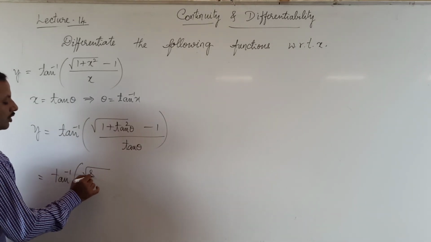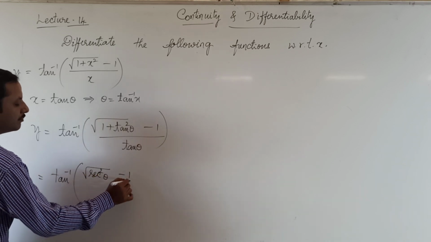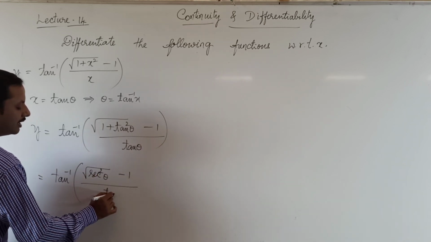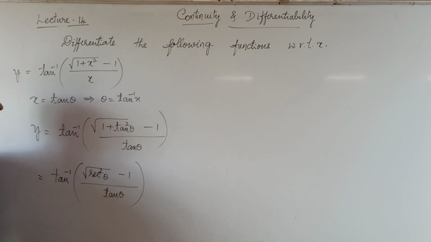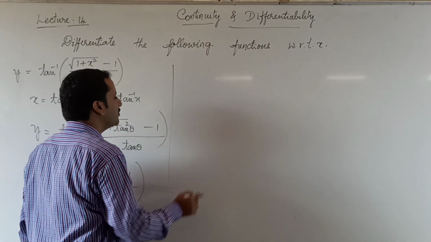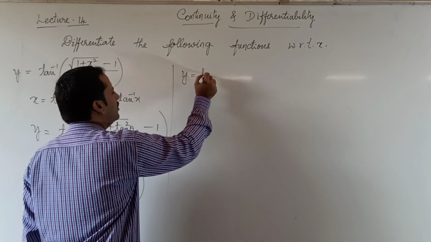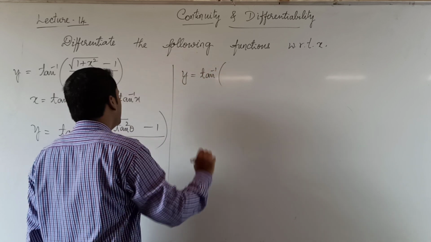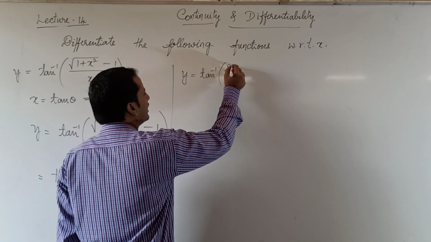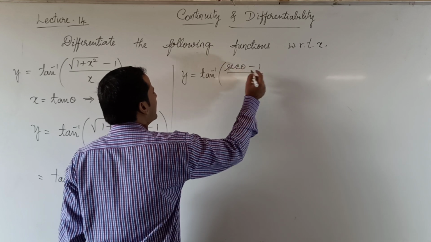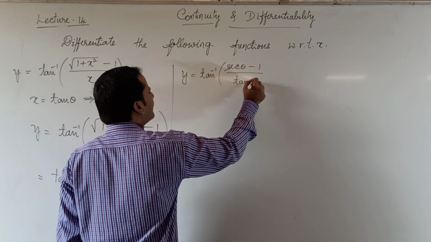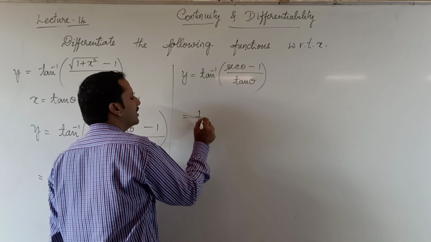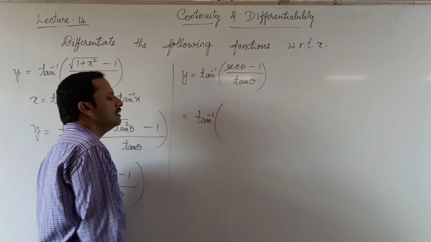So you have root of secant square theta minus 1 divided by tan theta. Root of secant square theta will be equal to secant theta. So you have tan inverse of secant theta minus 1 divided by tan theta.